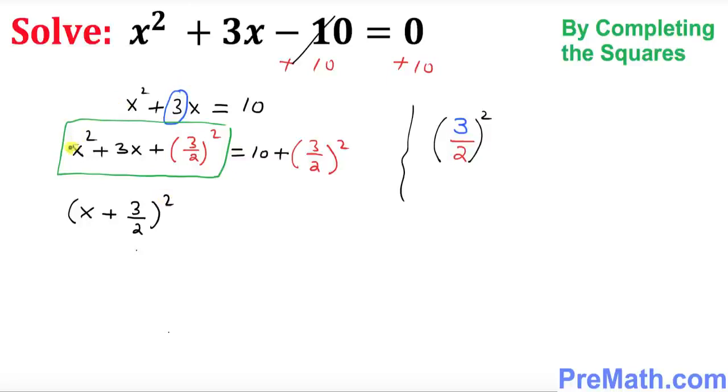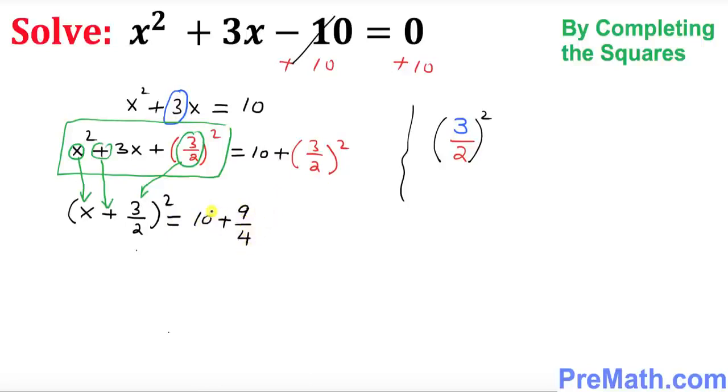So this x came over here, this 3 over 2 just simply came over here, and whatever this sign is, it just goes in the middle. So always, this is the rule. Equals, so that's going to become 10 plus this 3 over 2 squared, which becomes 9 over 4.